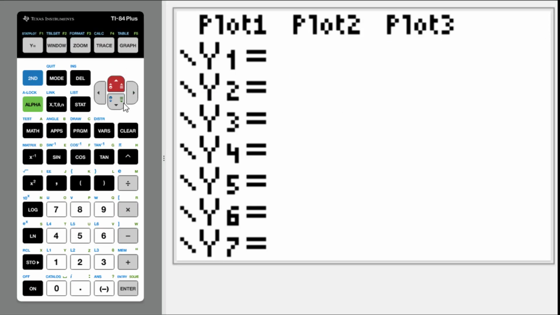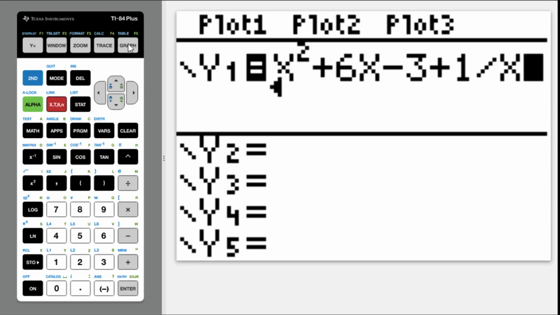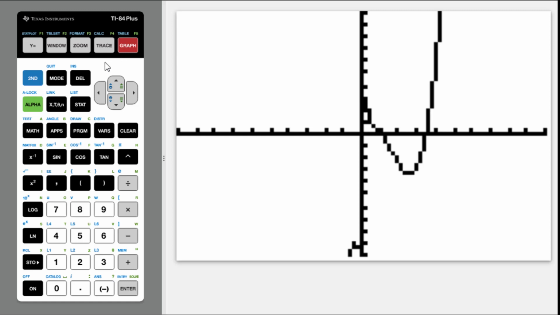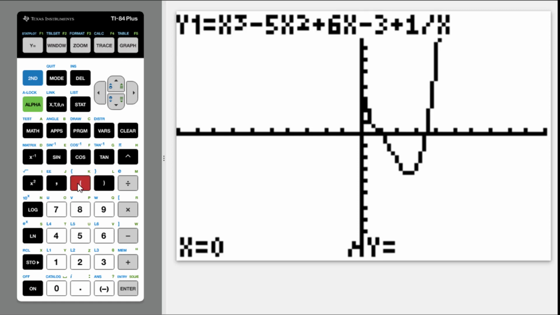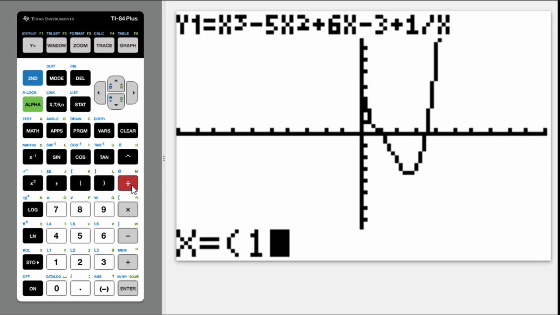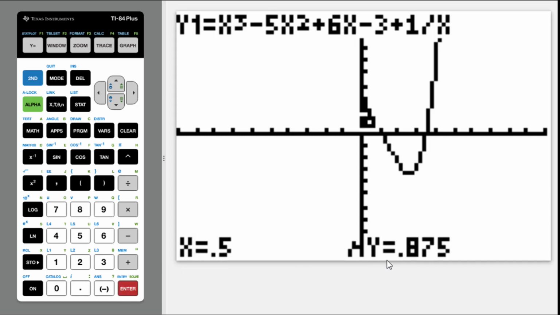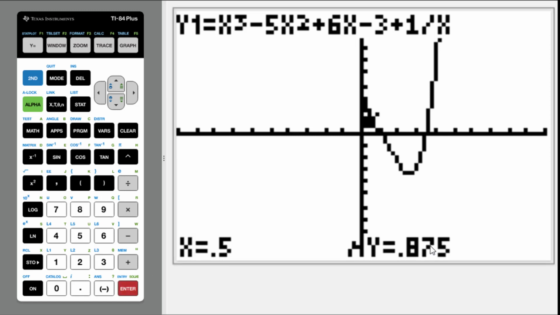So go to Y1. Then you can go to graph. Then use trace, 1 divided by 2, enter. You will get the answer 0.875.